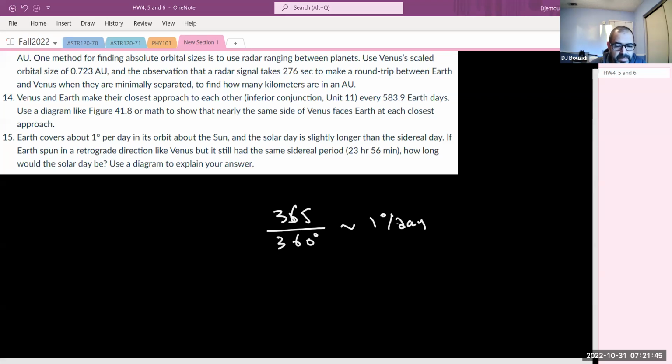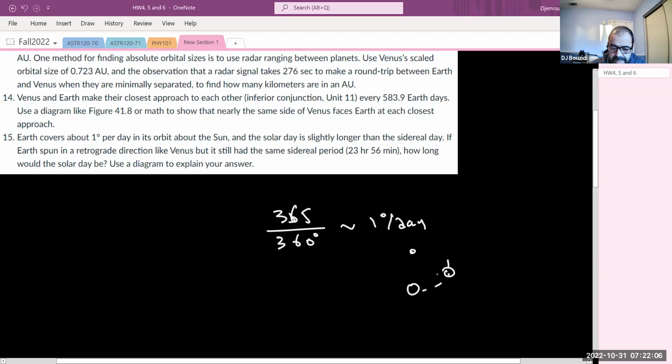And the solar day is basically, remember the sidereal day here is a little less than the actual noon to noon day, which is the day that we measure. But if the Earth were going to go retrograde, then here is the deal. The Earth spins around its axis and moves around the sun.